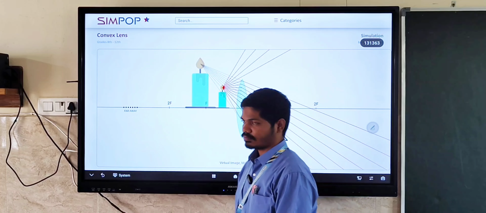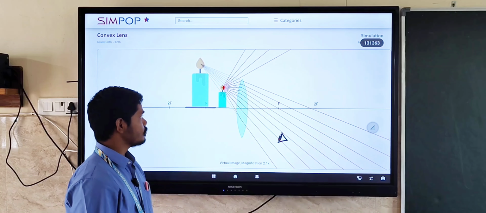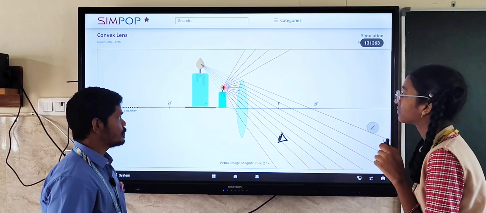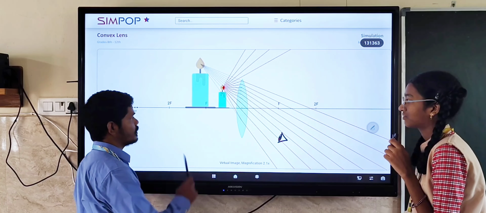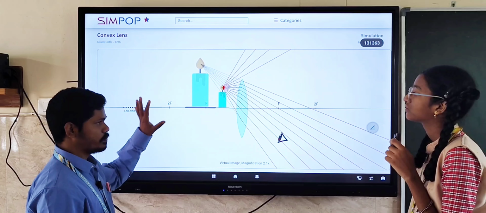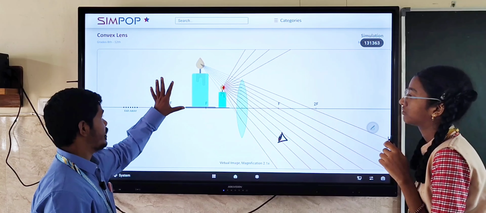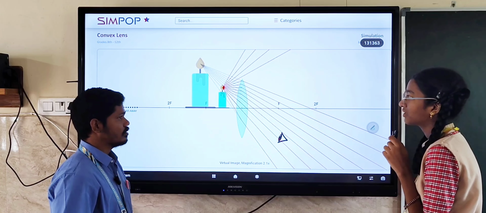Chandni, come. The position of the object is between focus and optic center. Now, by seeing this picture, find out the nature of the image. It is a virtual image.